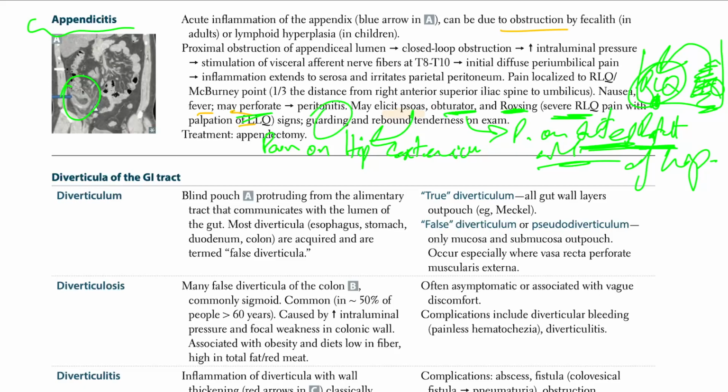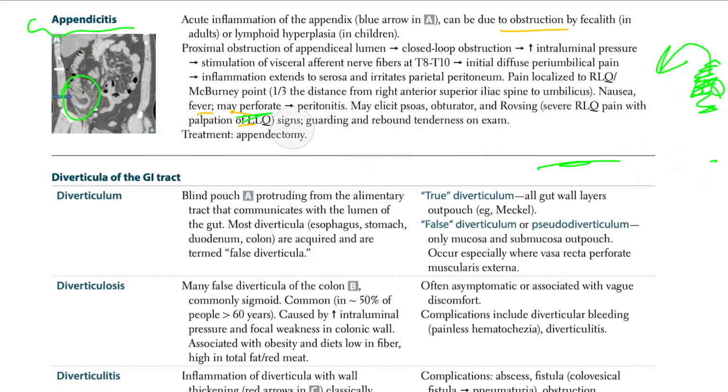The guarding is there, where the person contracts the muscles as soon as you touch it, as soon as you palpate it. That's the guarding. And you have the rebound tenderness on the physical examination.